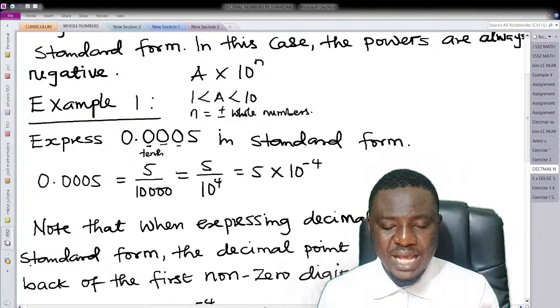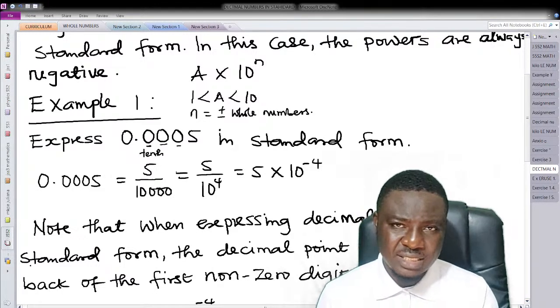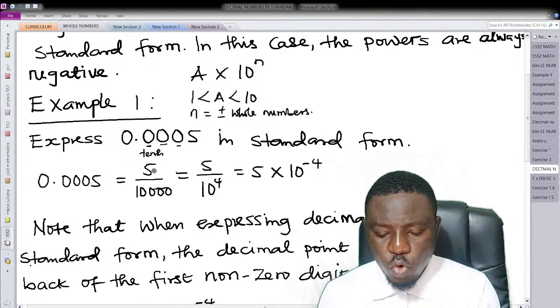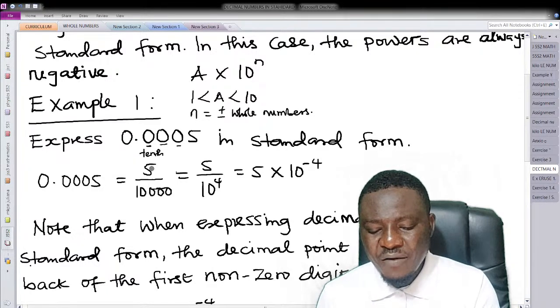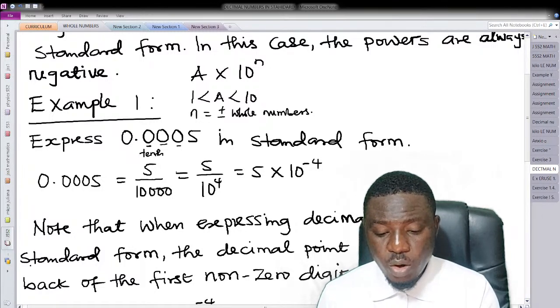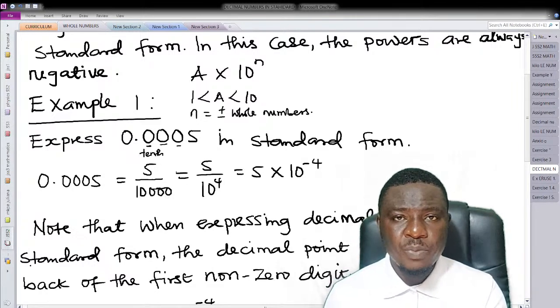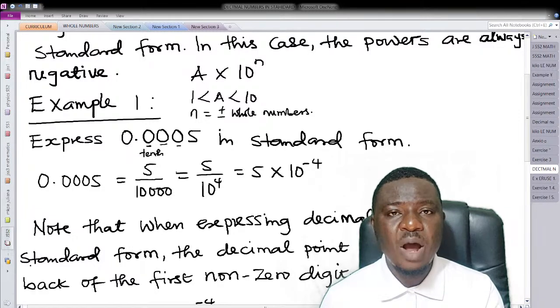So therefore, 0.0005 can be expressed as 5 divided by 10,000, and 10,000 in index form can be expressed as 10 raised to the power of 4.